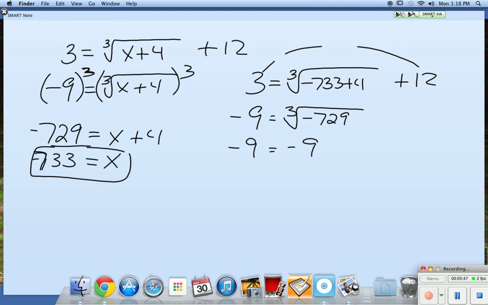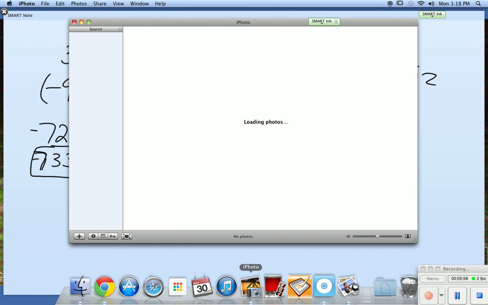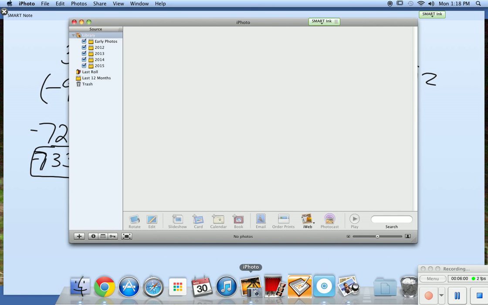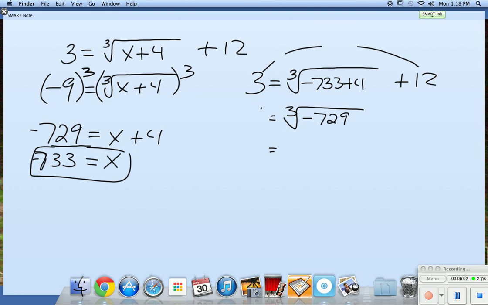You don't have to. I just brought it over to make it look nice. I could have left my 12 over here. I could have left this as plus 12 here. Left this as 3. Then it's 3 equals negative 9 plus 12. So 3 equals 3. Okay?